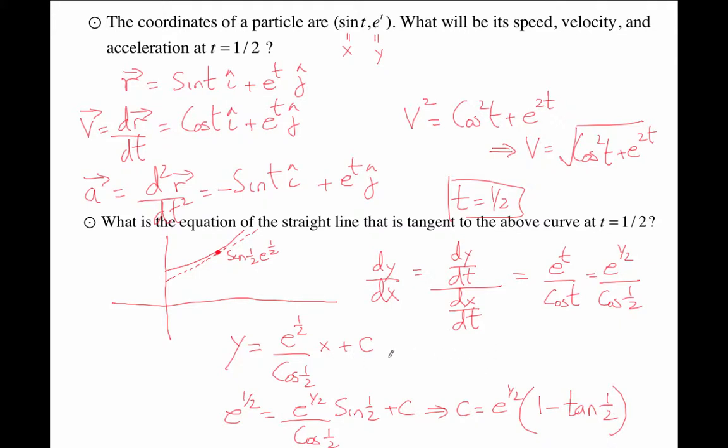And so we have our equation now, y equals e to the half over cosine half x plus c, where c is equal to this thing.